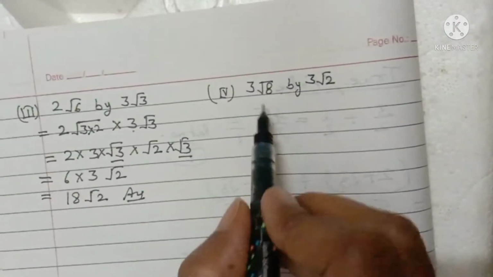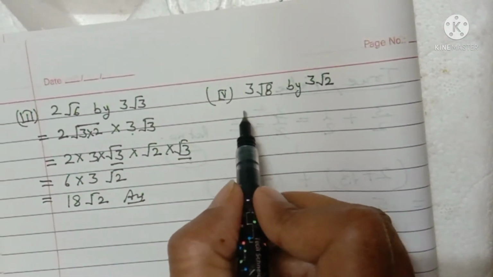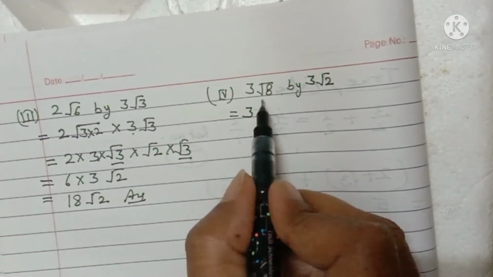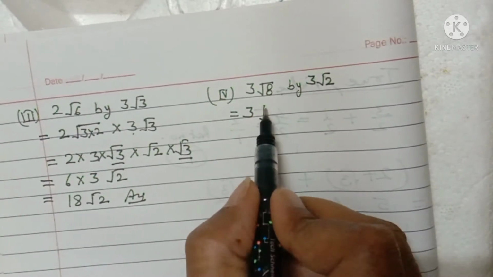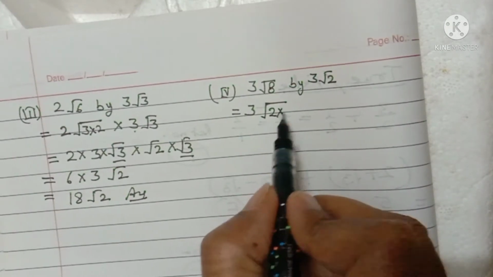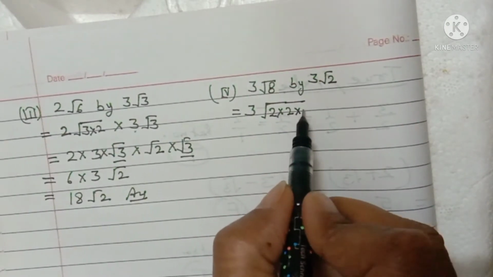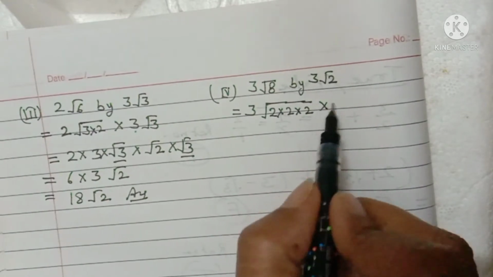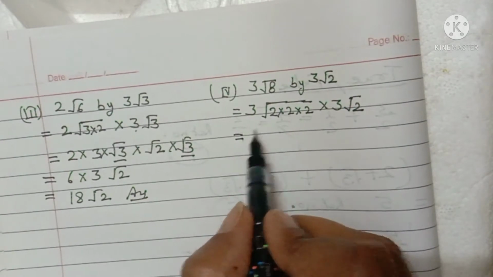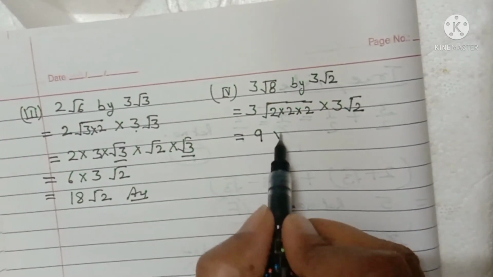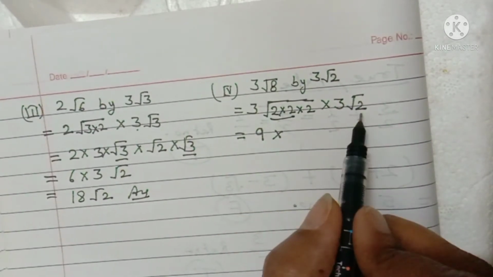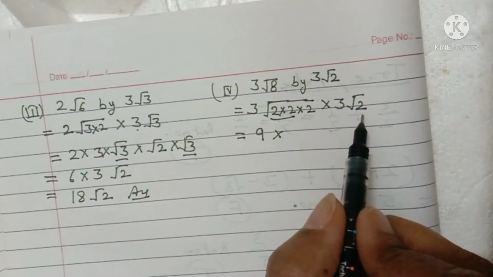Now next, fourth part, 3 root 8. So you can write it like, here the root 2, so break it into prime factors. Root 8, 3 into 2 into 2, 2 2s are 4, 2 4s are 8. Multiply 3 root 2. This becomes 3 3s are 9, and here is this pair, and here is one pair also.